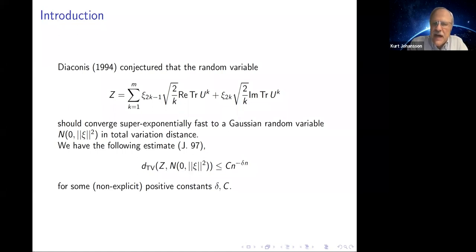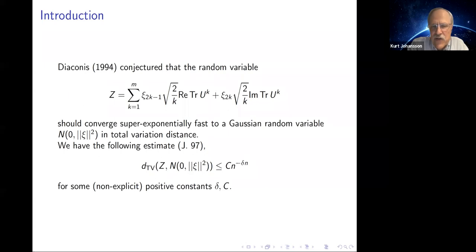So I proved a little later that in total variation distance, this random variable is very close to the normal random variable with variance psi squared. It is less than some constant times n to the minus delta n.